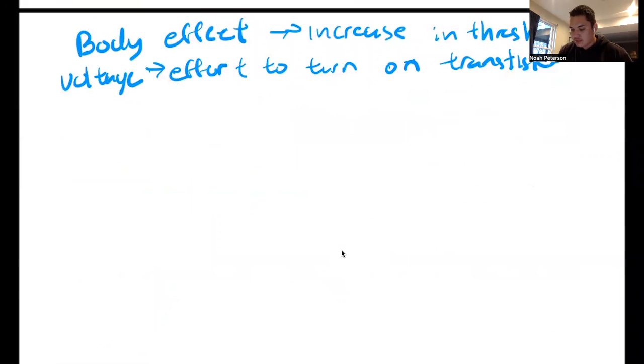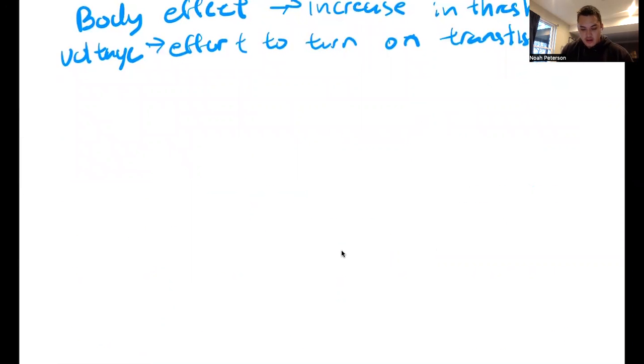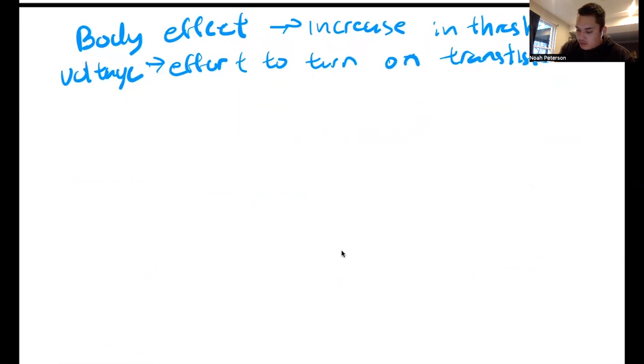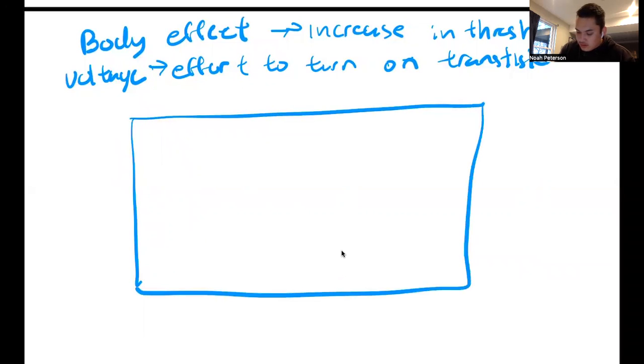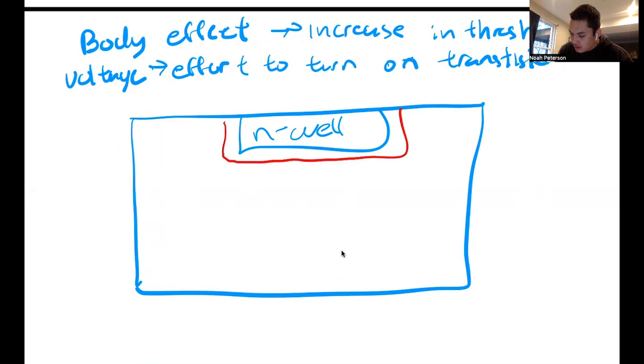So with that, we'll talk a little bit more about just the different regions. Within your device, you have your N well, and this region is what they call the depletion region.